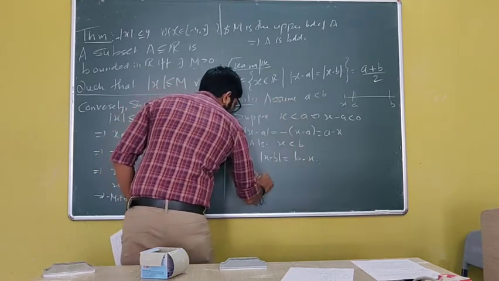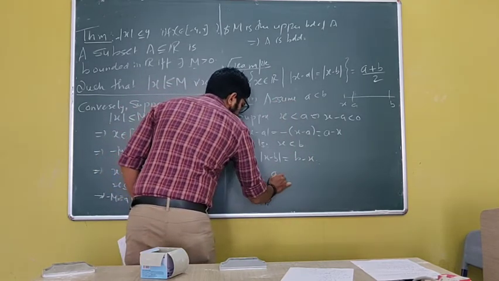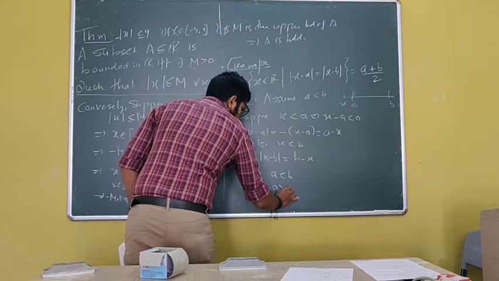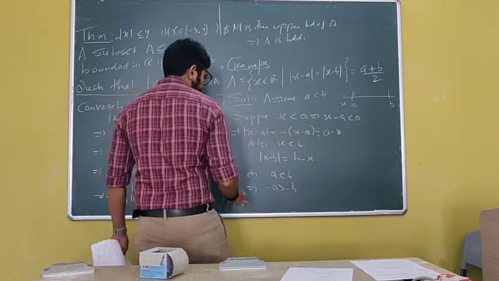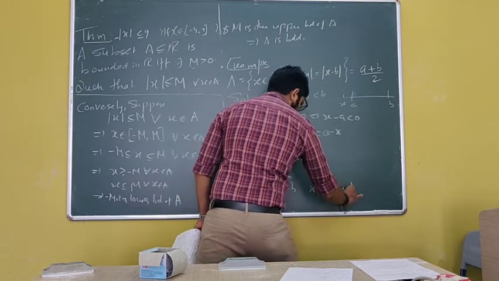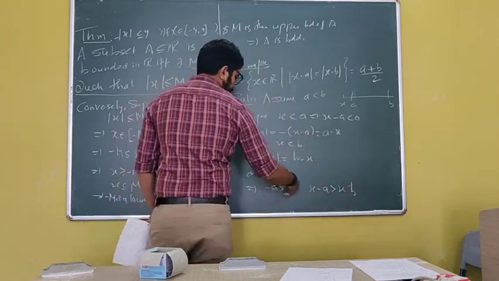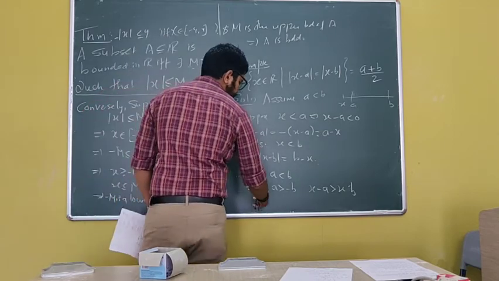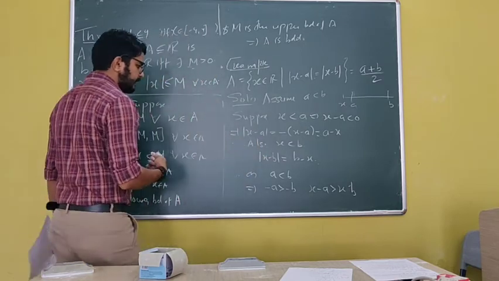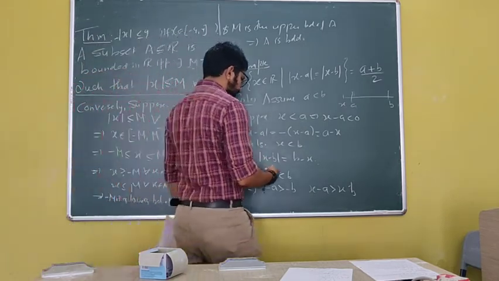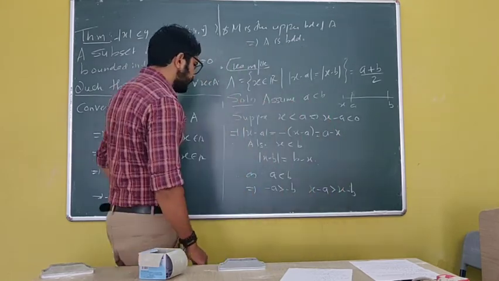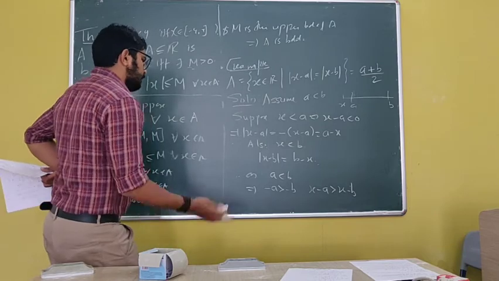Therefore, as a is less than b, this would imply that minus a would be bigger than minus b. If I add x on both sides, what I get is x minus a would be bigger than x minus b, because multiplying by a negative sign reverses the inequality.